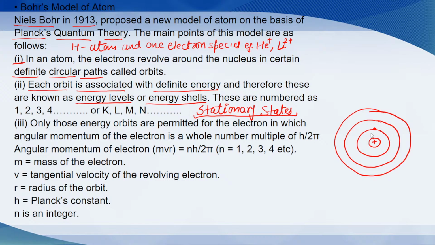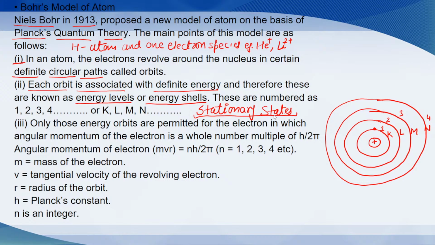It is definite. That's why these energy levels or energy shells 1, 2, 3, and so on, the first is called K shell, L shell, M shell, N shell, are called stationary states. Yes, beta, this is the second postulate. Did you get it?